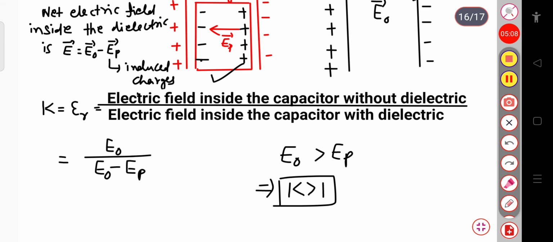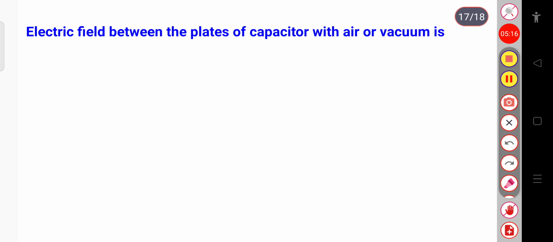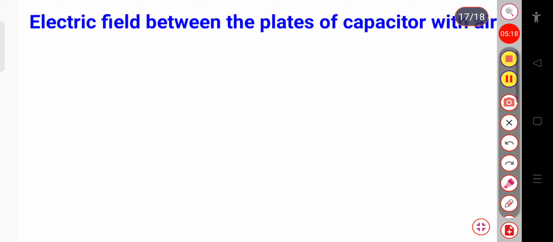Okay. Now the electric field between the plates of the capacitor with air or vacuum as the medium will be equal to E naught. This E naught is equal to sigma divided by epsilon naught.